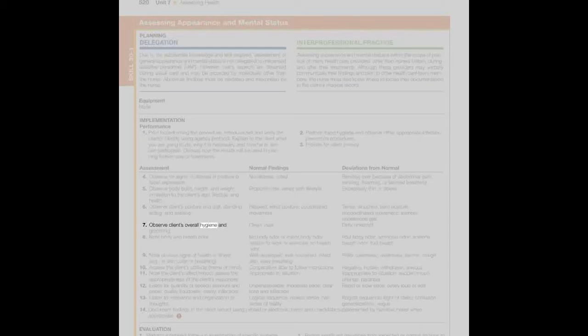Observe client's overall hygiene and grooming. Clean, neat; dirty, unkempt. 8. Note body and breath odor. No body odor or minor body odor relative to work or exercise. No breath odor. Foul body odor, ammonia odor, acetone breath odor, foul breath.